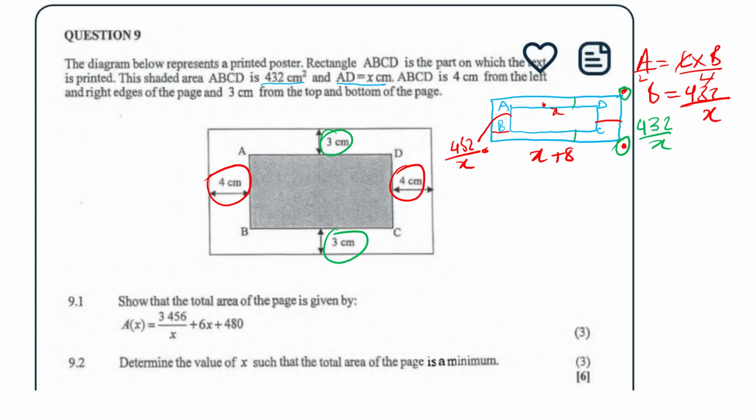Remember we've said that AB is 432 over x. Therefore it is 432 over x plus 6. This is the length for this part.